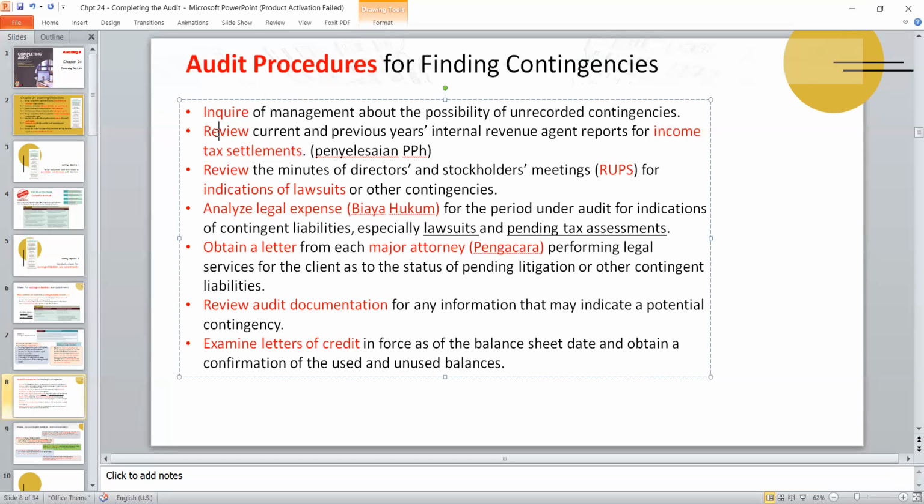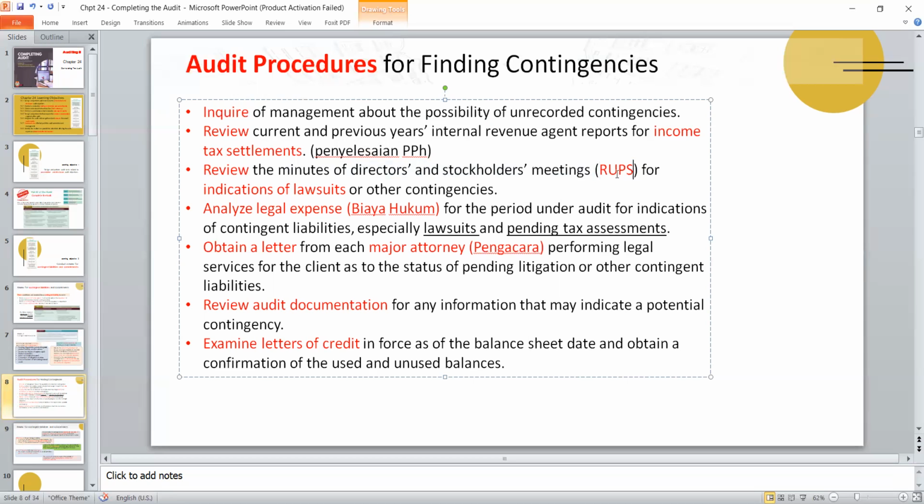You have to review if there is any possibility of contingency, because if you are late, you get a penalty. And the penalty has an exact amount or maybe a date in the future. You need to disclose it.